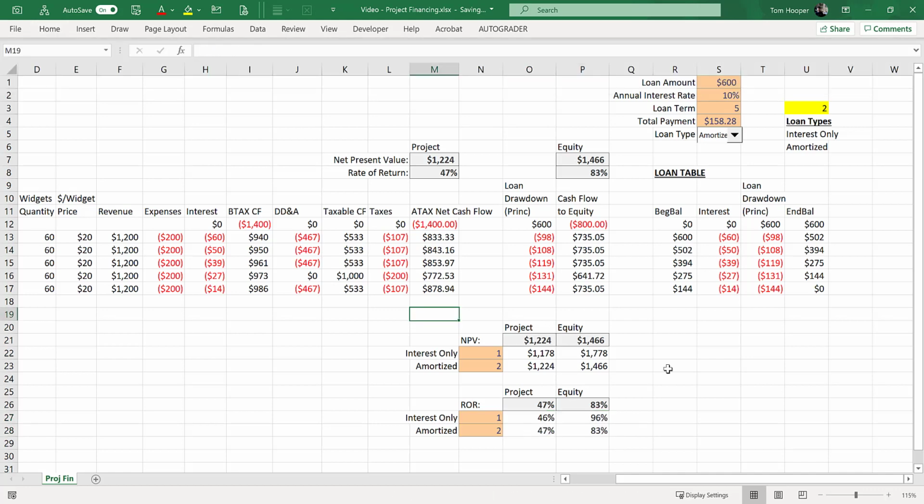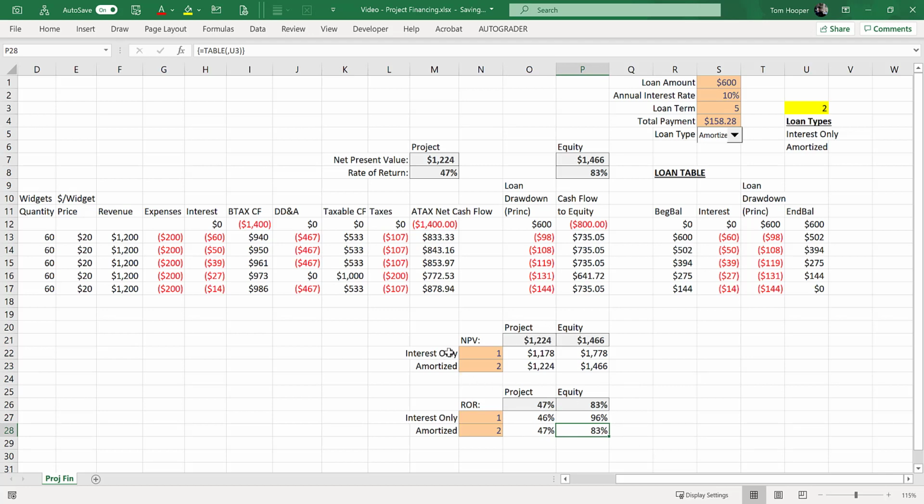Now let's see how project financing affected our metrics. The project itself always had a lower NPV and a lower rate of return than our equity investment did. So in every case, by leveraging our equity investment with a loan, we did better. The NPV went up in every case, and the rate of return went up in every case.